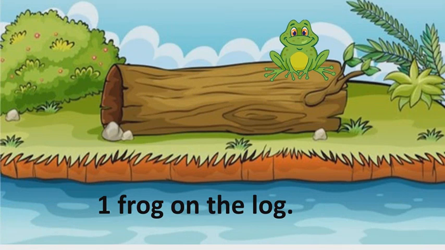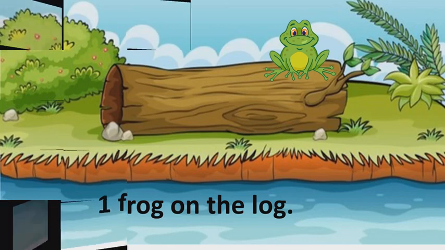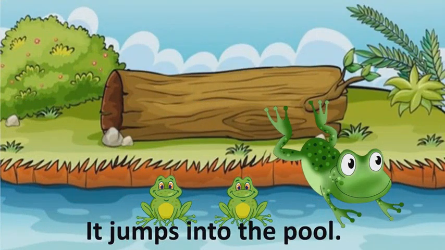When two frogs are in the pool, only one frog is on the log. The other two jumped in the pool. Now, frog number 3 also jumps into the pool.